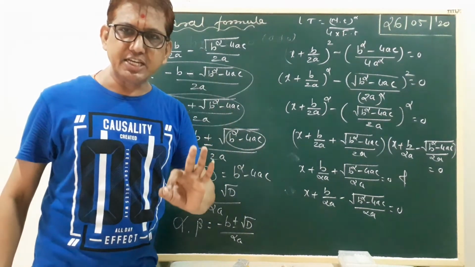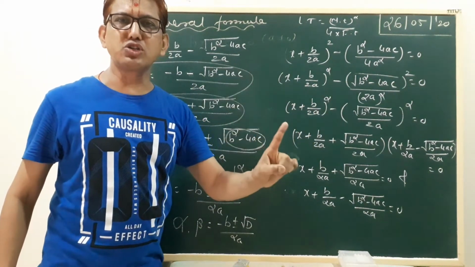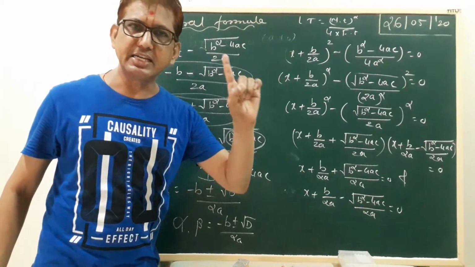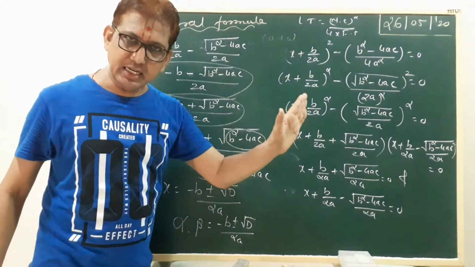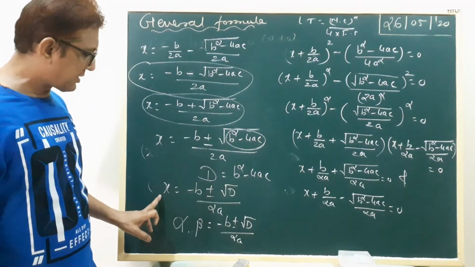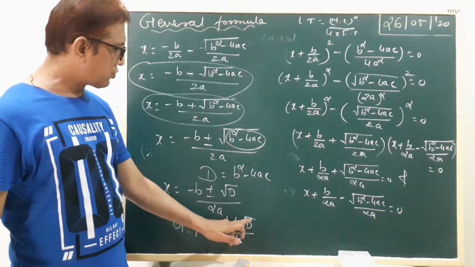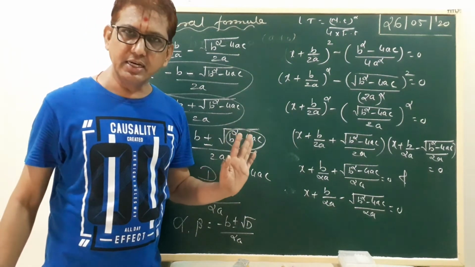In your examination, the question may say: find the solution by Sridhar Acharya formula, completing square method, or factorization method. Is that clear? So your final answer is alpha or beta, or you can use x: minus b plus minus root D, that is b square minus 4ac, upon 2a. Clear? Okay.